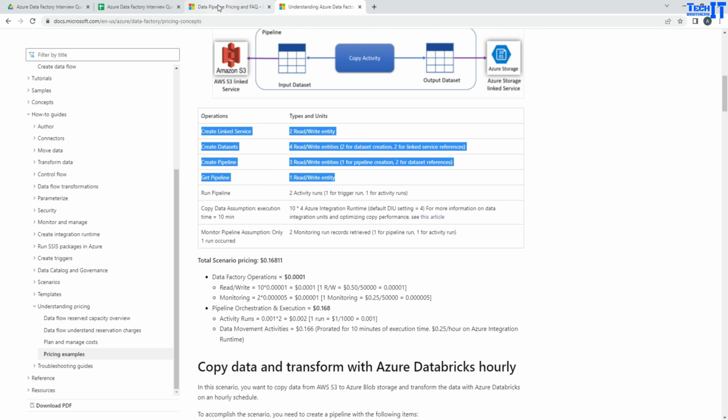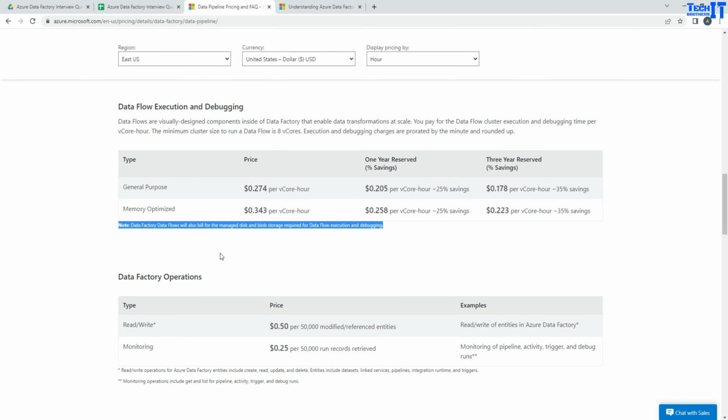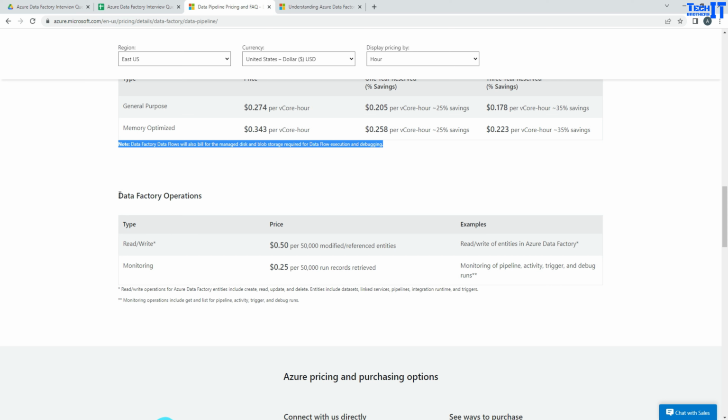Now let's go to the Azure Data Factory pricing here and see, this link tells you data factory operations. Now to read and write, there are 50 cents per 50,000 modified reference entities. So you see right there, read-write operations for Azure Data Factory entities include create, read, update, delete.